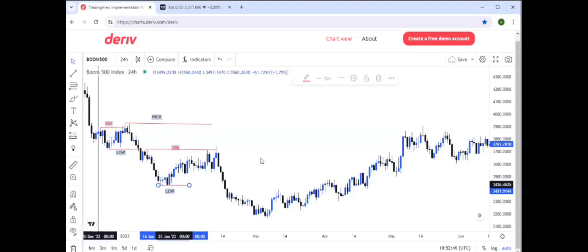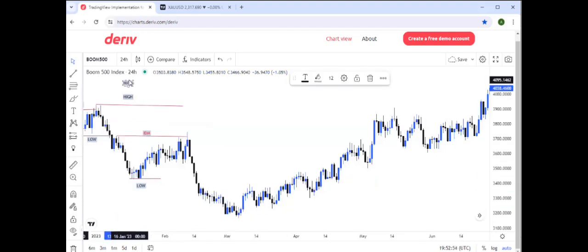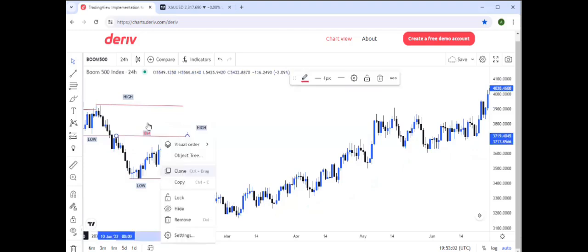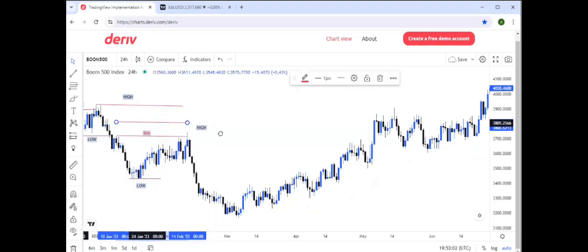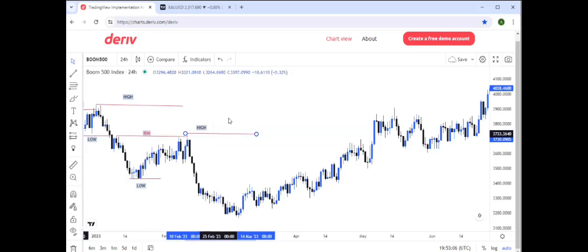So now for the high to be valid, it has to take out the low. The low has been taken, so we have a high here. So this is now a high. That's our high.